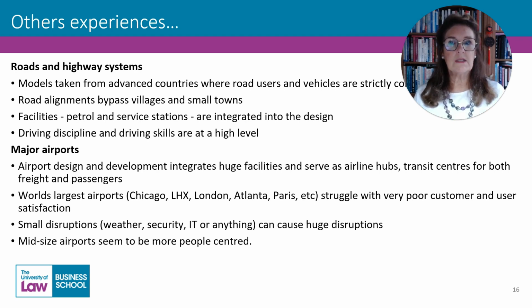So we can say in Great Britain, vehicles are strictly controlled, and so are road users. So this helps to limit accidents. So road alignments and bypasses of villages and small towns, so you do not have so much traffic going through built up areas. So traffic is taken away from built up areas, so there's less risk of accident.